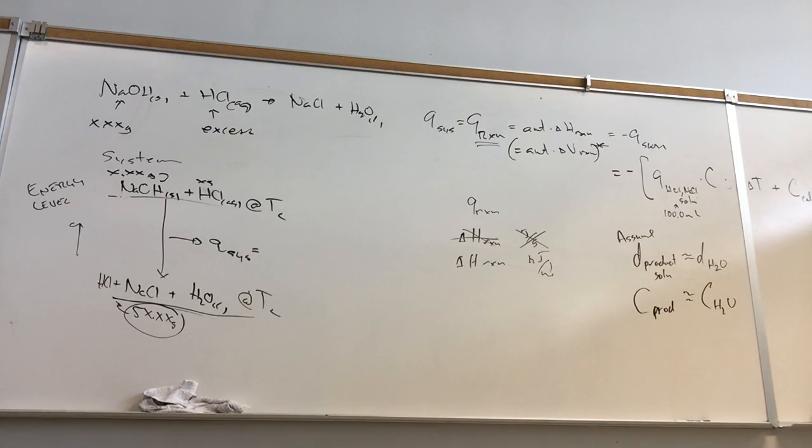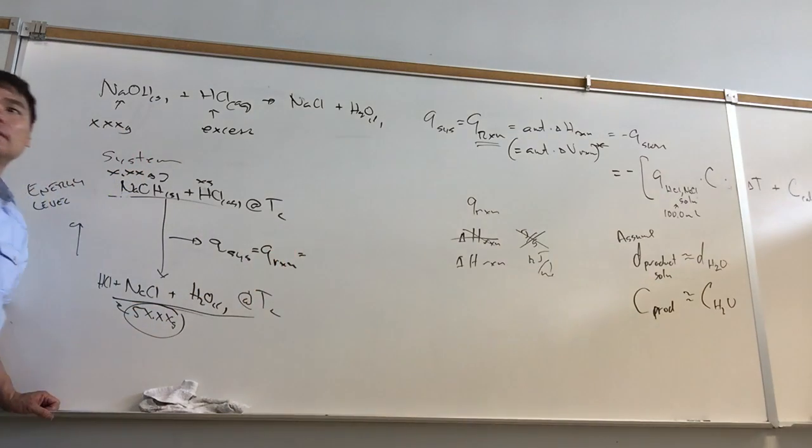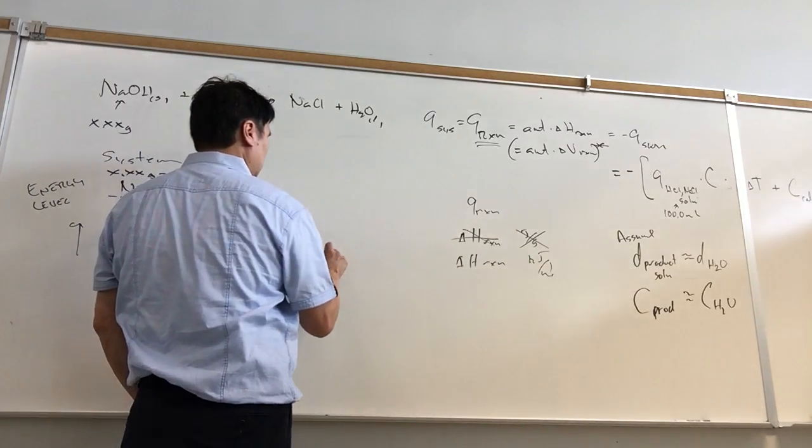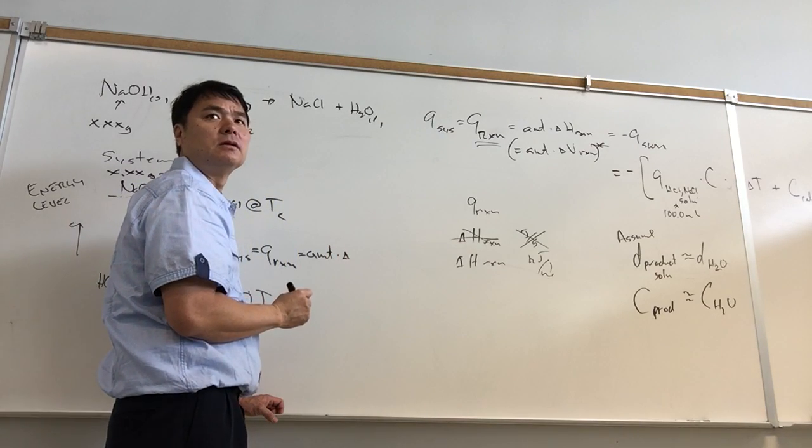What's Q of the system equal to? Well, this is a reaction or process, so Q of the system is equal to Q of reaction, which is equal to what? Amount times, are we doing this under constant pressure or constant volume?